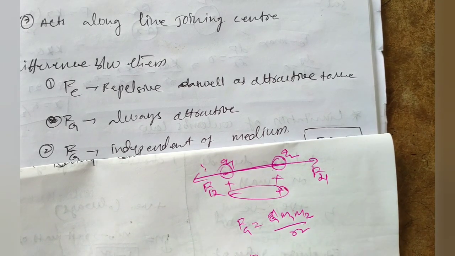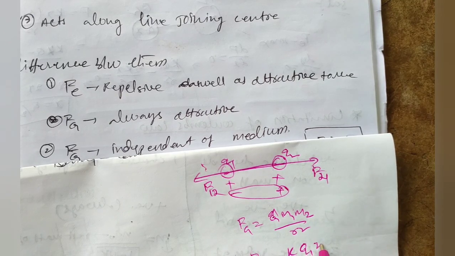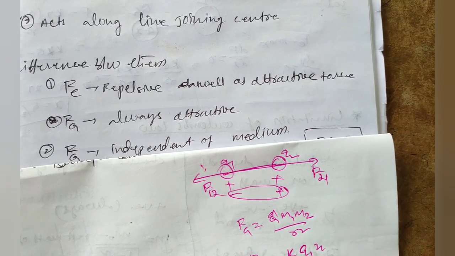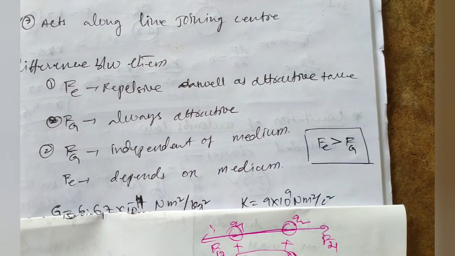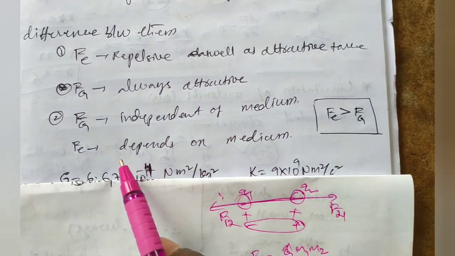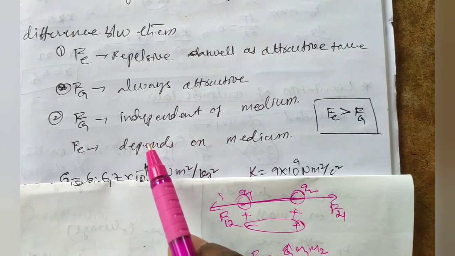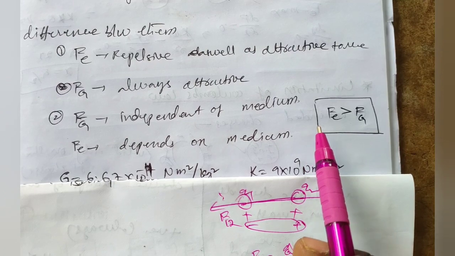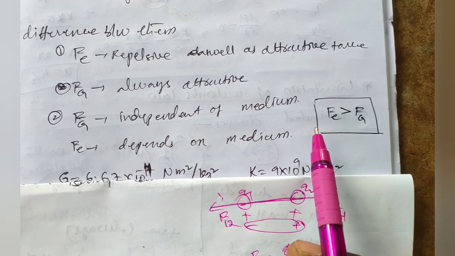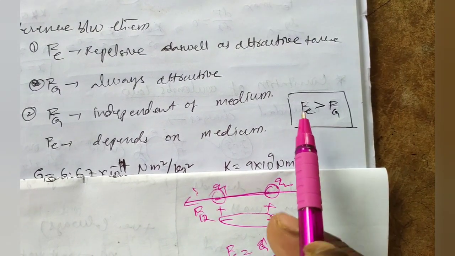In the electrostatic force, k q1 q2 by r square, k is related to the dielectric constant, which depends upon the medium. That is why Fe depends upon the medium while gravitational force is independent of it. Also, the electrostatic force is always greater than the gravitational force.